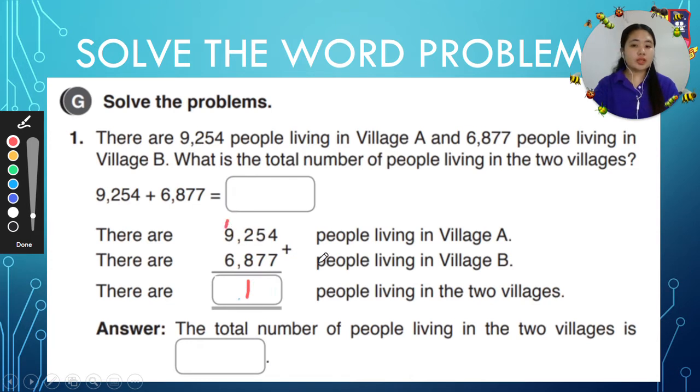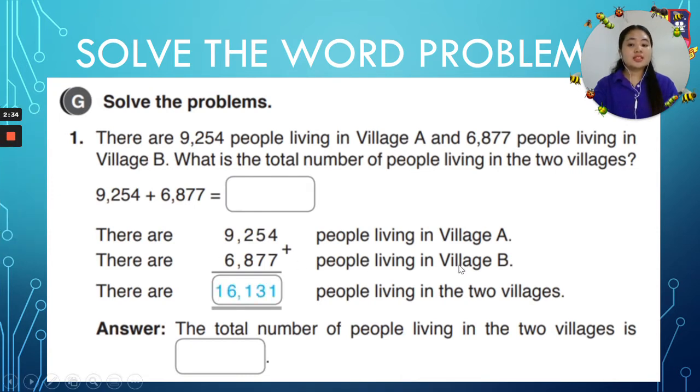Then we put 1 here. Then 1 plus 9 is 10, plus 6 is 16. So the answer on number 1 is 16,131. The total number of people living in the two villages is 16,131, and that is already the answer. So that is for number 1.